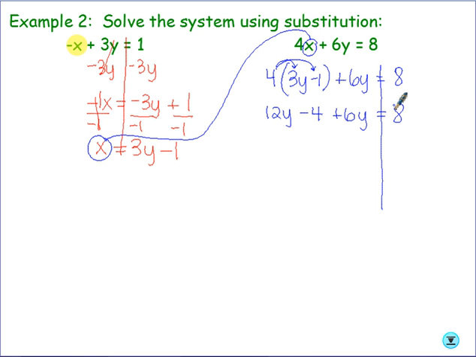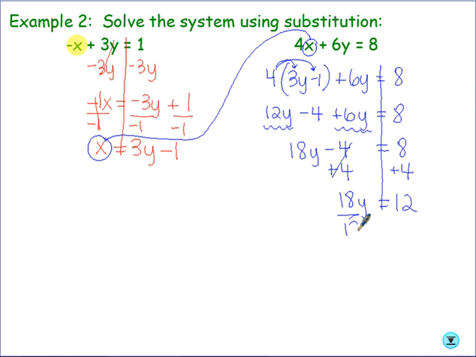Now we need to combine like terms. 12y's plus 6y's is 18y's. Take away 4 equals 8. Now we need to add 4 to both sides. So we get 18y equals 8 plus 4 is 12.